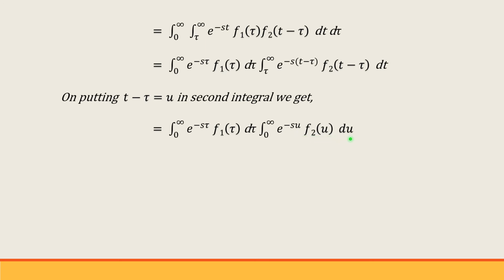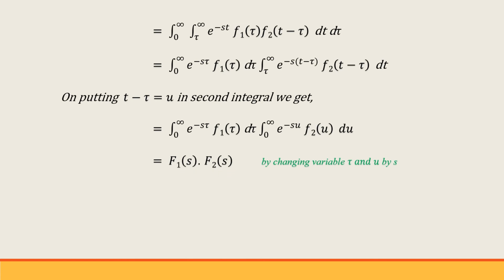So, now we have the terms in the form of Laplace transform of two functions. So, by changing the variables tau and u by s, we can write it as F1(s) into F2(s).